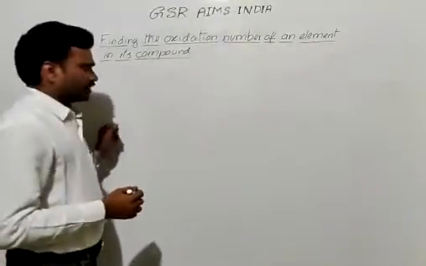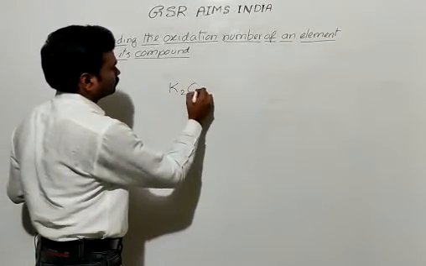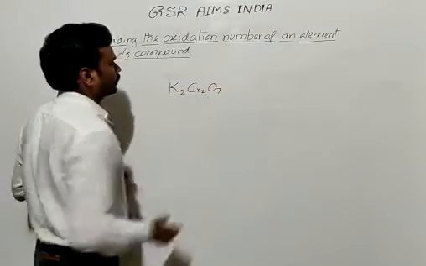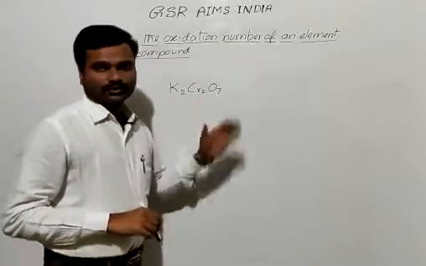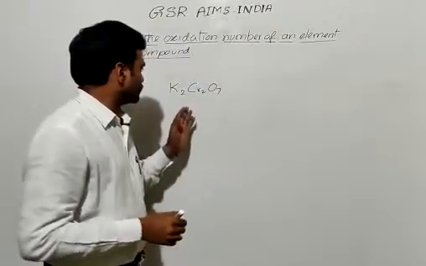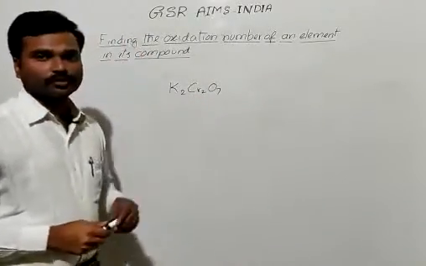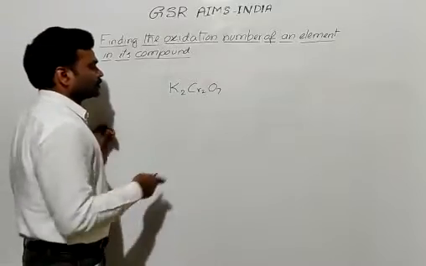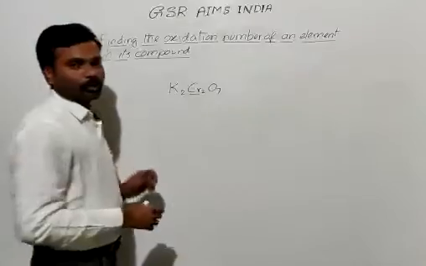Let us see one simple example. It is a compound with the formula K2Cr2O7, which is commonly named potassium dichromate. From this, let us try to calculate the oxidation number of chromium.